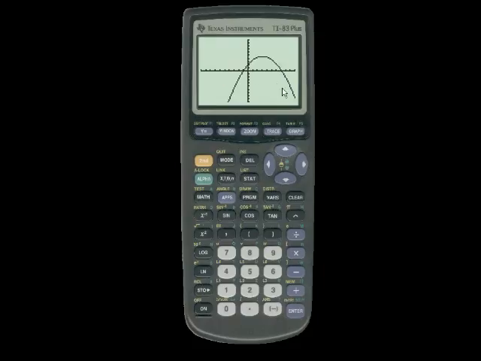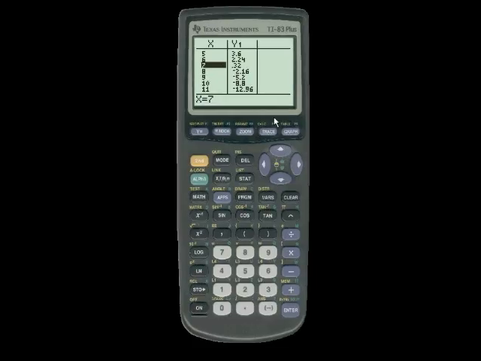We can also look at our table, pressing second graph, and see when y goes down to 0. We see that it goes from positive to negative right after 7, and x is months, so it's around 7 months.